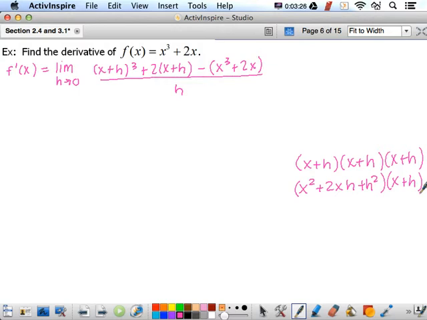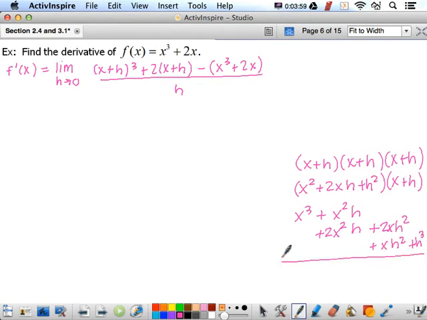Then x squared times x is x cubed, x squared times h is x squared h, 2xh times x is 2x squared h, 2xh times h is 2xh squared, and then finally I need to distribute the h squared. h squared times x is xh squared, and h squared times h is h cubed.